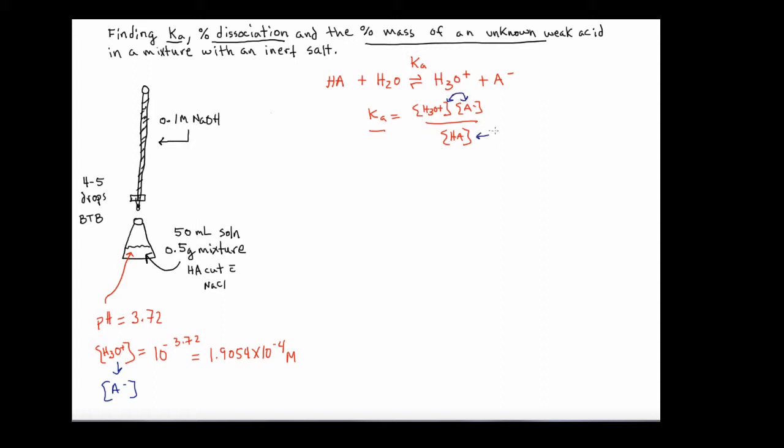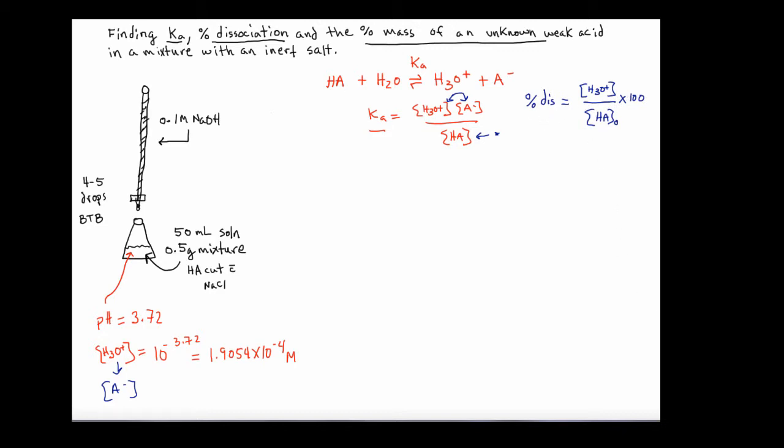That leaves the HA. Now, for percent dissociation, the student also needs to recognize, and I abbreviate it this way, percent dis is equal to the concentration of H3O+ at equilibrium divided by the initial HA, which I'll show as HA naught, times 100.